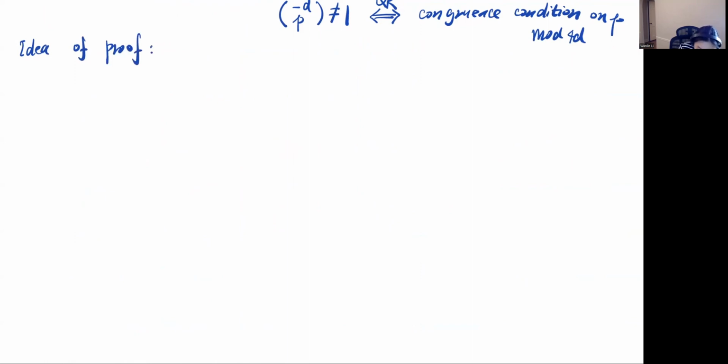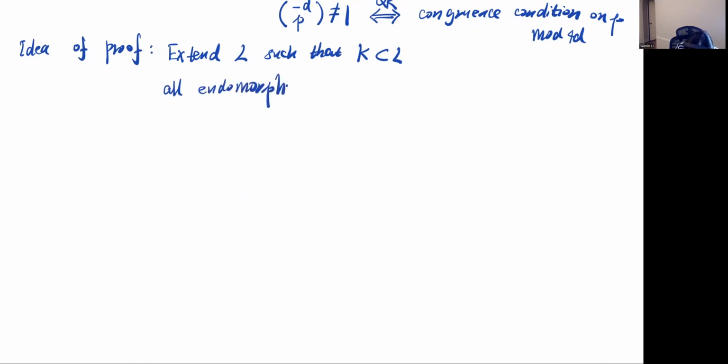So essentially, first of all, we're going to extend the field L such that K is containing L. I'm going to extend L so that K is containing L. So this means that all endomorphisms, we have discussed that all endomorphisms are defined over the field L and K, right?